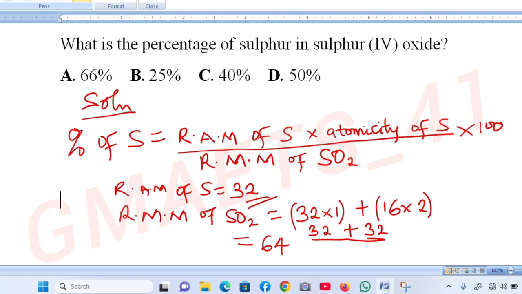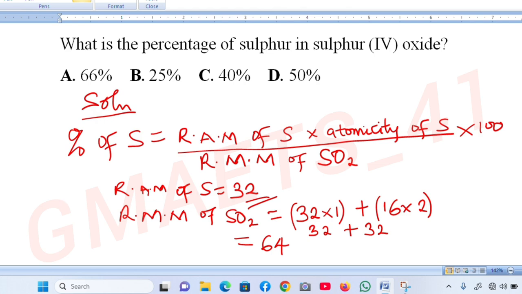So you should know how to calculate the relative molecular mass of a compound, and you're expected to also know the relative atomic mass of elements, especially the first 20 elements. Although by right, any professional exam body giving questions on this concept of relative atomic mass should give students the relative atomic mass of the element. However, JAMB WAEC 41 always advises that students should ensure they know how to calculate the relative molecular mass of substances.